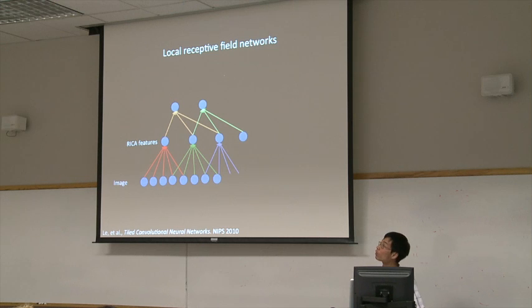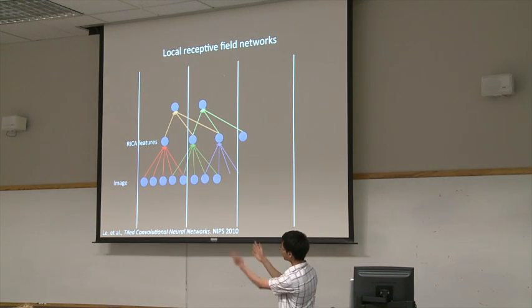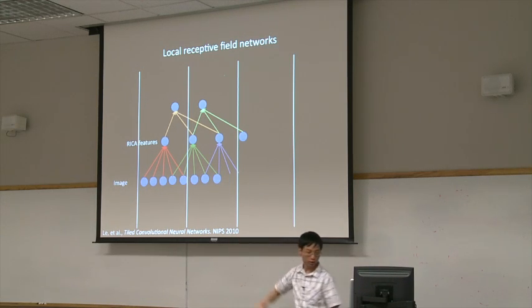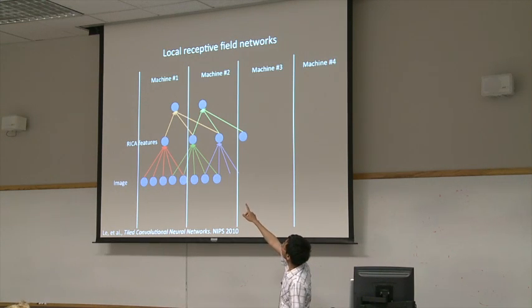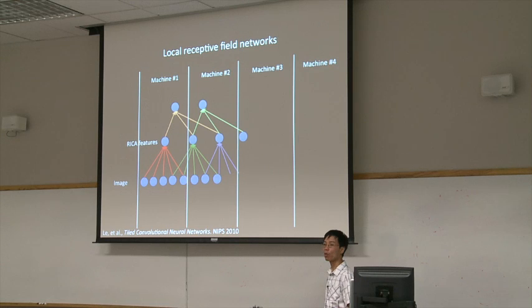Now, after having the explicit constraint in the network, we can carve the network vertically. We divide the computations such that the feature computation for these 2 nodes goes to machine number 1, the feature computation for these 3 nodes in the middle goes to machine number 2, the feature computation for these goes to machine number 3, and so on. It's a very simple but very effective way to parallelize the training of these models.